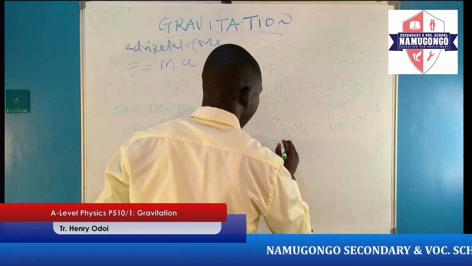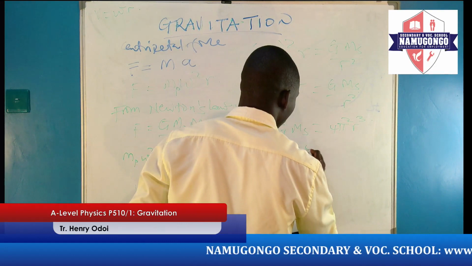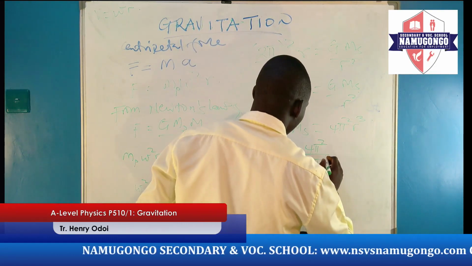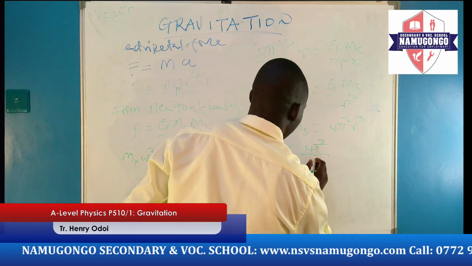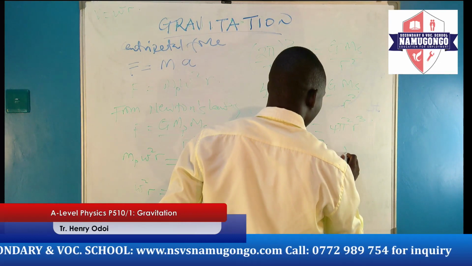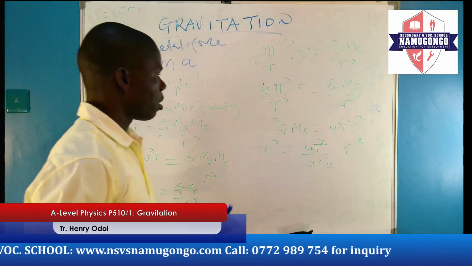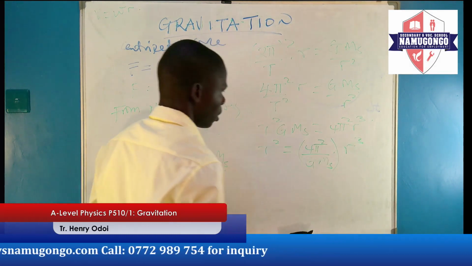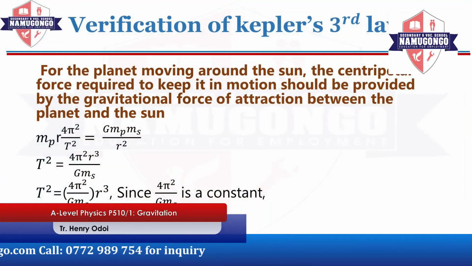Then T squared will be equal to 4 pi squared over G ms times r cubed.